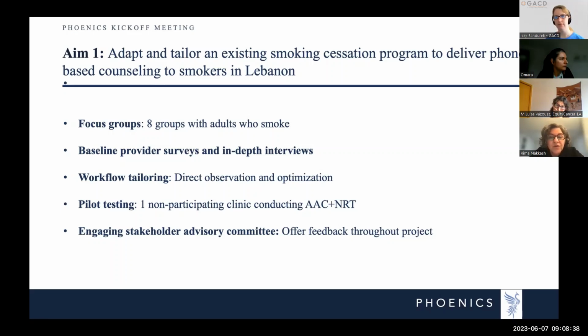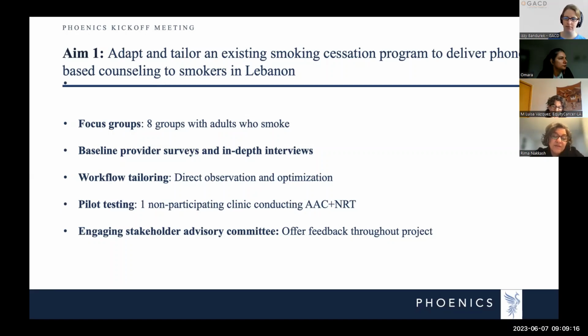We are currently looking at the data from the focus group discussions, and we have started and are planning to conduct in-depth interviews with the providers. We have also initiated direct observation within those centers of workflows to understand how to integrate the intervention within the primary healthcare center among all the other activities, tasks and responsibilities that providers, both nurses and doctors, have to work within that context.